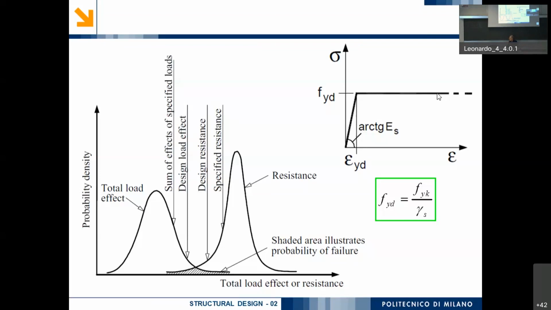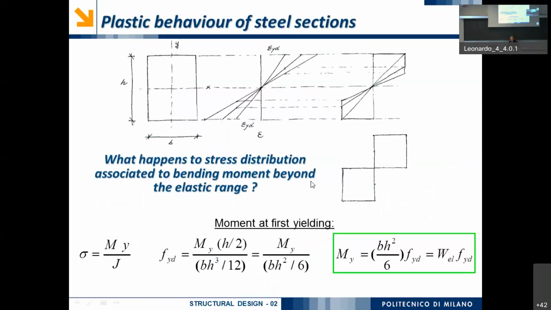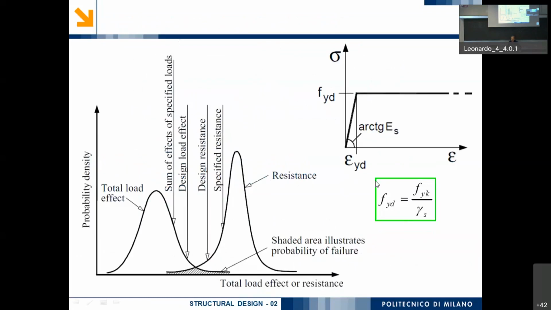In addition, I will protect myself with a safety coefficient. But we can define a linear and elastic plastic behavior of material as something like this. First linear and afterwards constant. I can define this in terms of yielding stress, so real behavior of the material, design stress, okay, or characteristic stress.